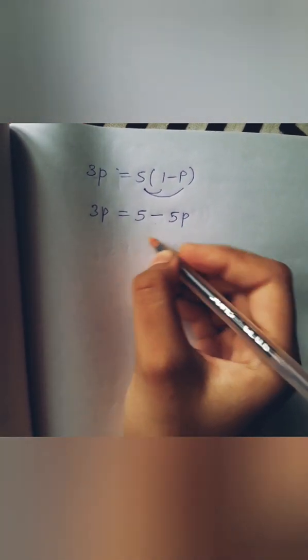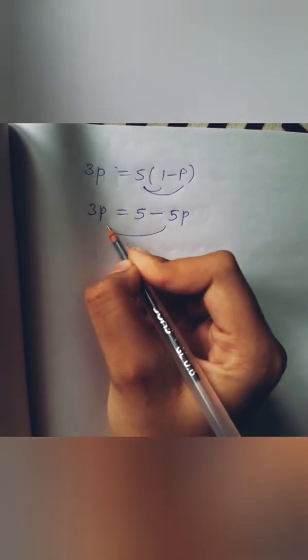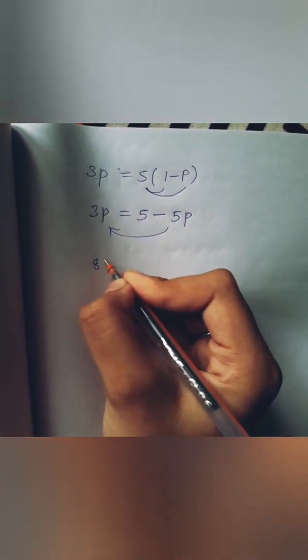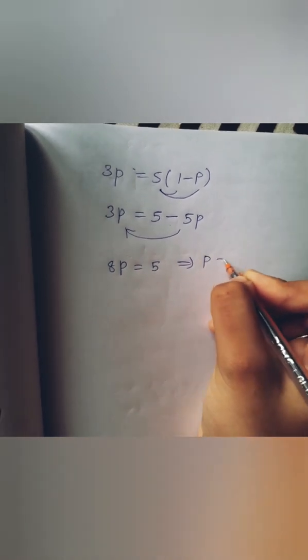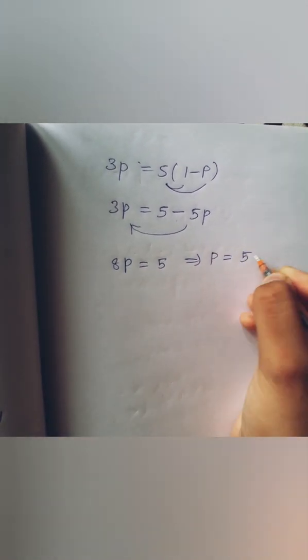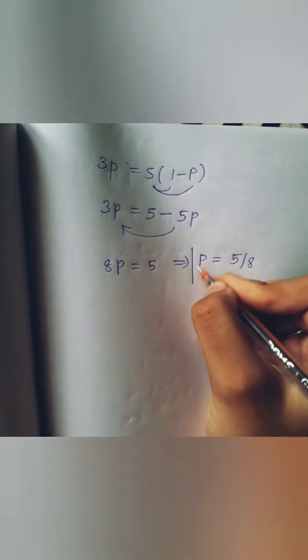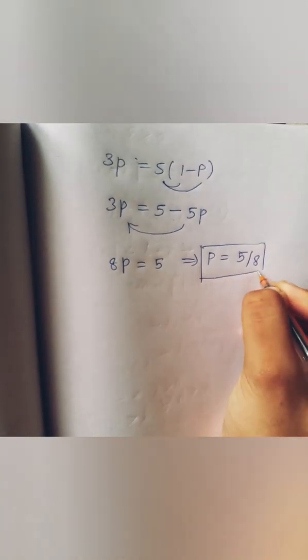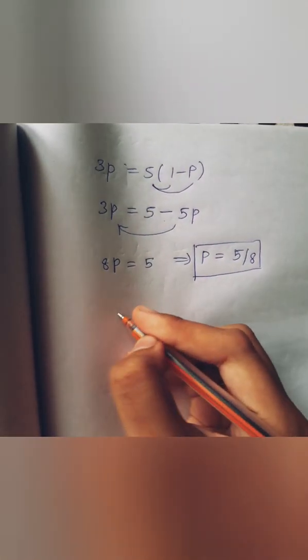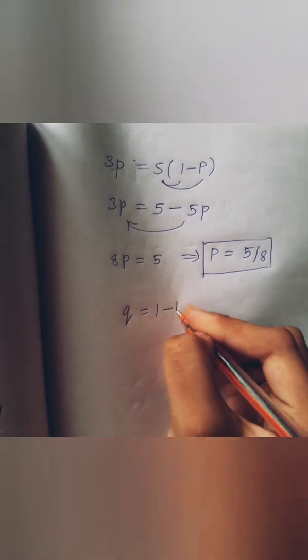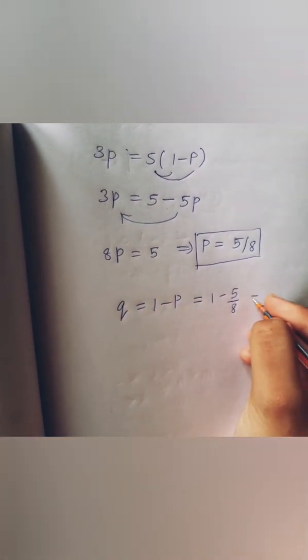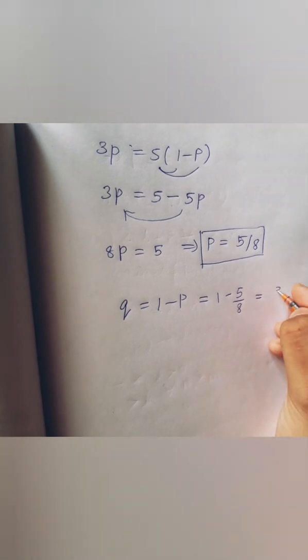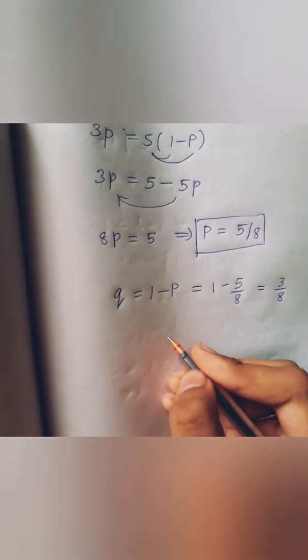Taking minus 5p to the left hand side, it becomes 8p is equal to 5. Then for p, we get the answer 5 by 8. For q, we substitute in the formula: q is equal to 1 minus p, so 1 minus 5 by 8. So the answer will be 3 by 8.